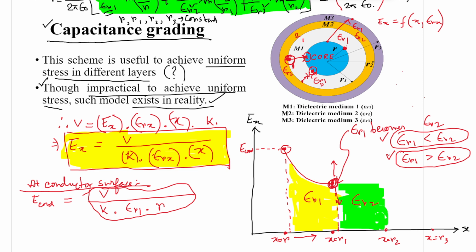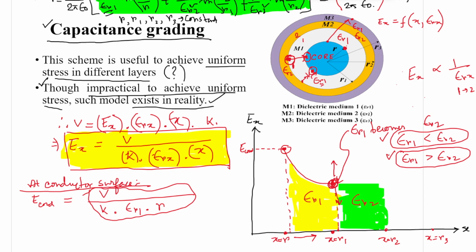At this point epsilon R1 becomes epsilon R2. E is given by a certain expression; for the time being I am writing that it is V by something, proportional to epsilon R x. Since epsilon R1 becomes 2, initially it was 1, now it has become 2.